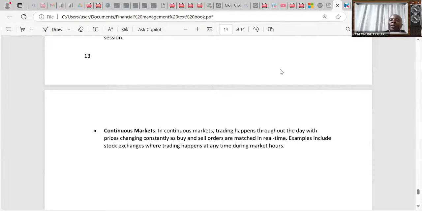So if somebody tells you to differentiate between call markets and continuous markets, two terminologies, what is the difference? Under call markets, what is happening? In continuous markets, what is happening?